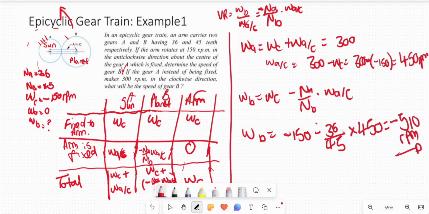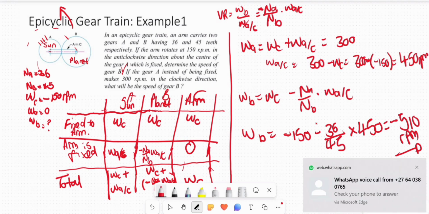For B, you add omega C plus negative NA over NB, omega A with respect to C. And for the arm, it's omega C plus 0, which gives you omega C. This makes sense because the arm is part C, so it has to rotate at omega C.